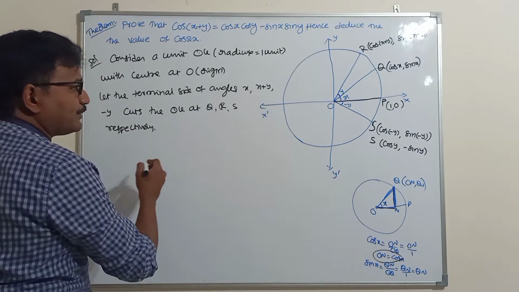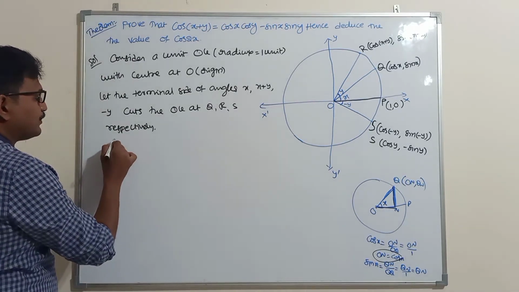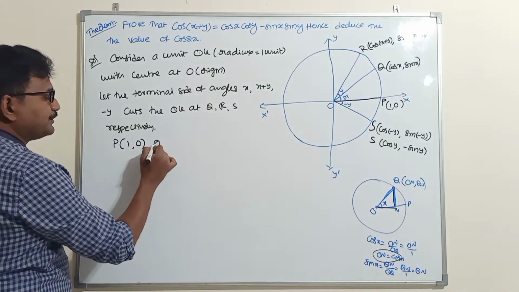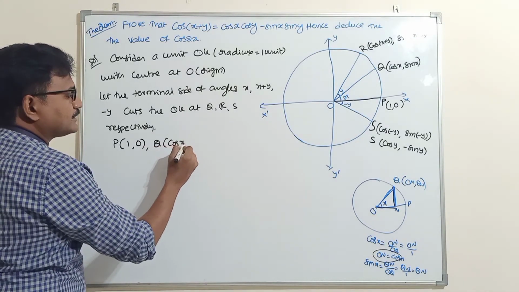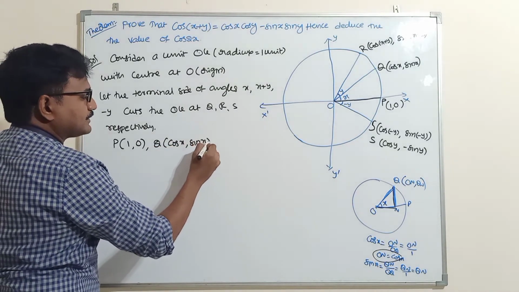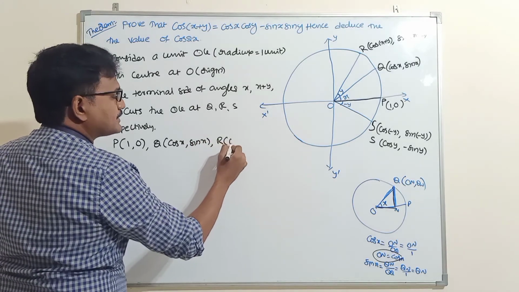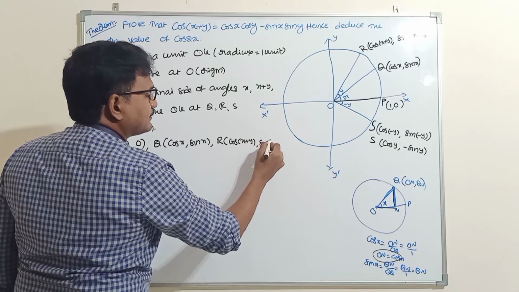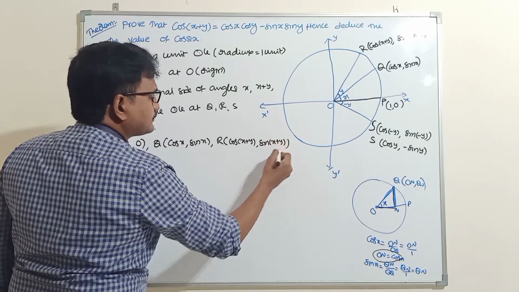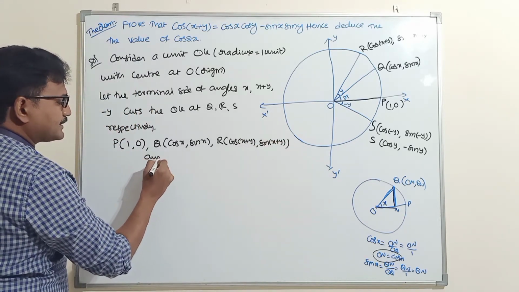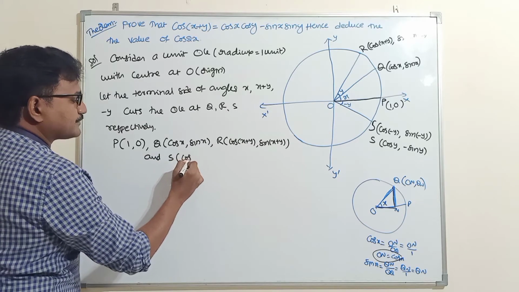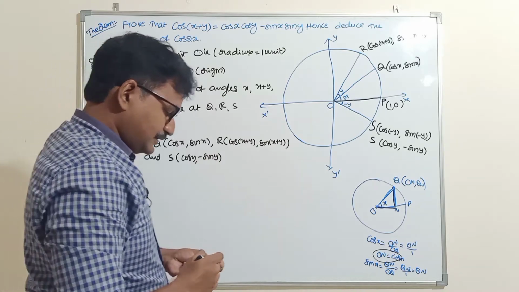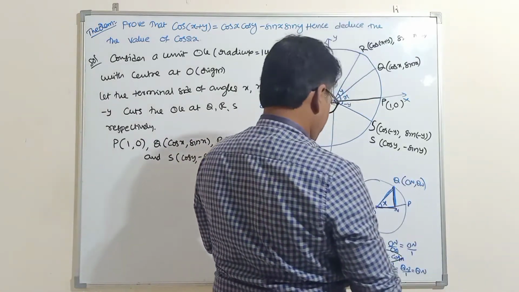So I am writing all the points here. Point P is (1, 0), point Q is (cos x, sin x), point R is (cos of x plus y, sin of x plus y), and point S is (cos y, minus sin y).